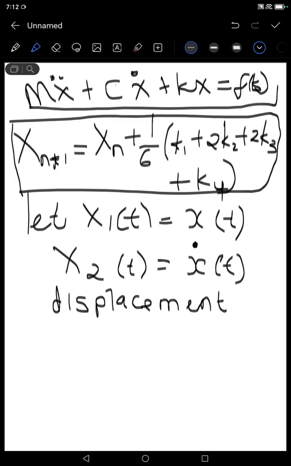So let's continue. This is the displacement. So we want what we call velocity. To get velocity, we're going to differentiate displacement.